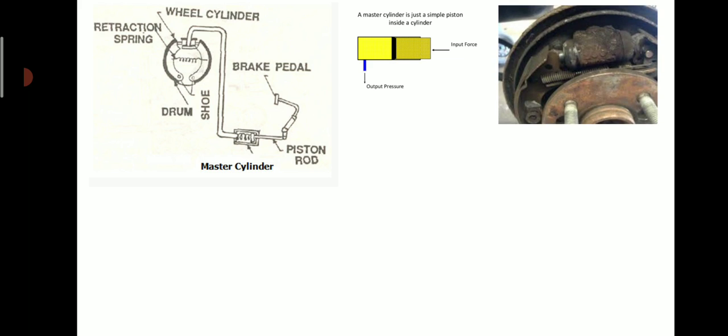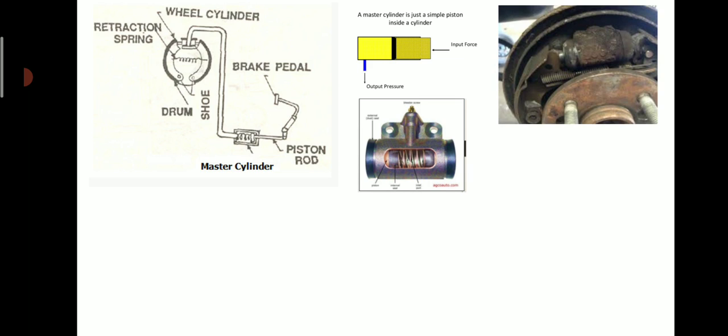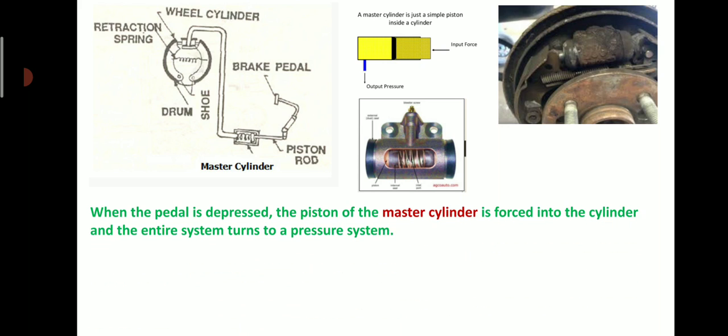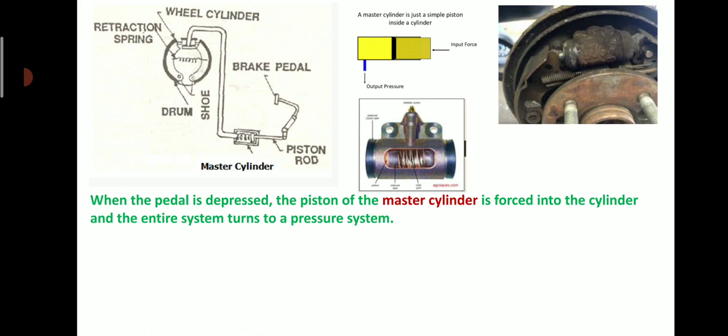This is a picture of a wheel cylinder, and this is the same picture in detail form, where you will see the spring at the center. What is happening in this system? When the pedal is depressed, the piston of the master cylinder is forced into the cylinder and the entire system turns into a pressure system.